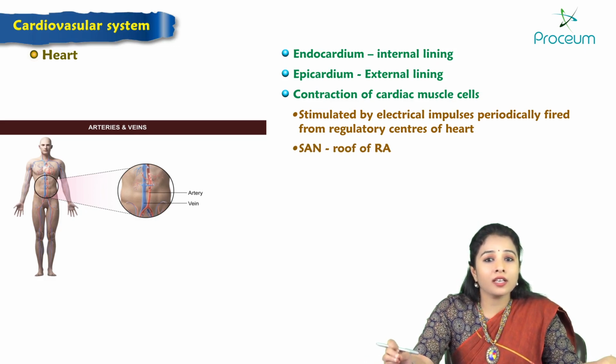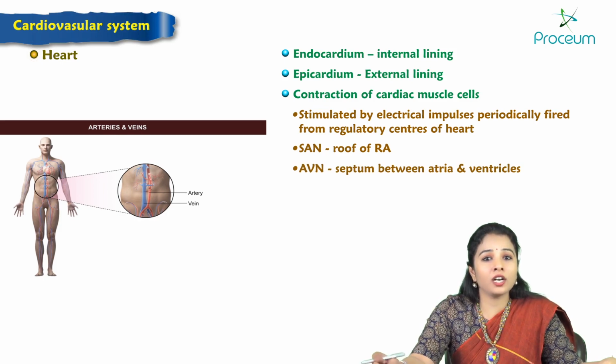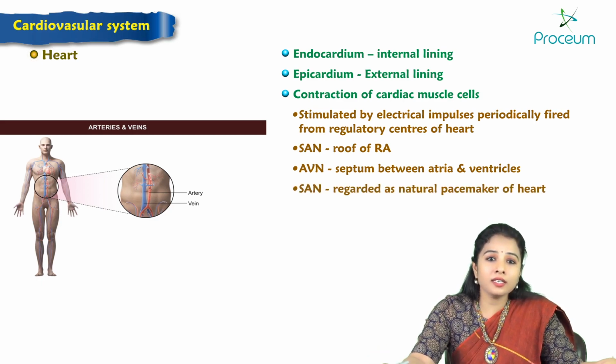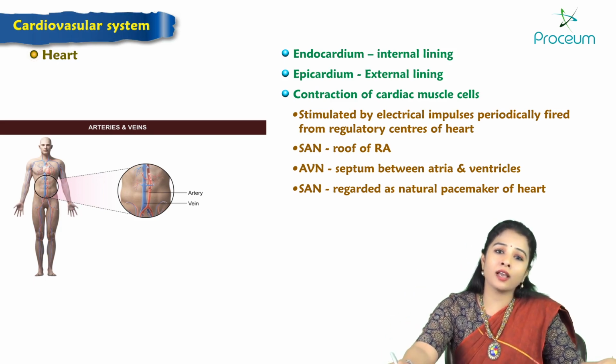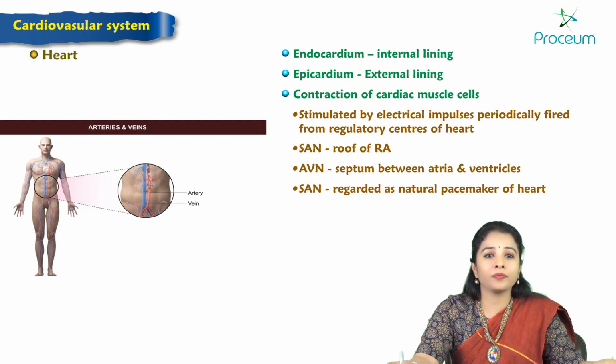SA node is sinoatrial node, which is present in the roof of the right atrium, and AV node is atrioventricular node, which is present in the septum between the atria and the ventricles. The SA node is widely regarded as the natural pacemaker of the heart. Means the contraction of the heart is initiated at the SA node. So SA node is considered as the natural pacemaker of the heart.